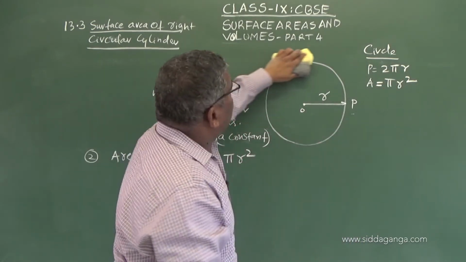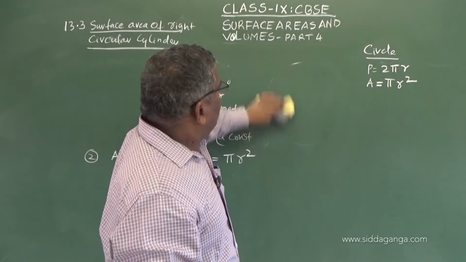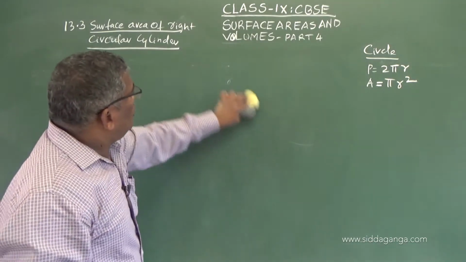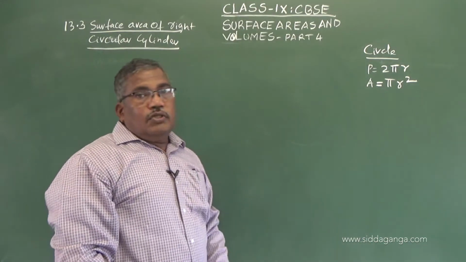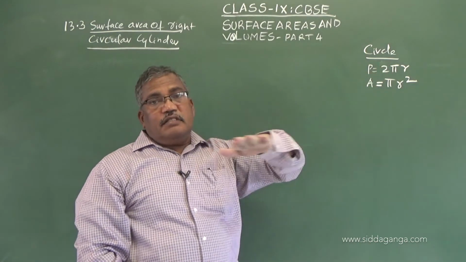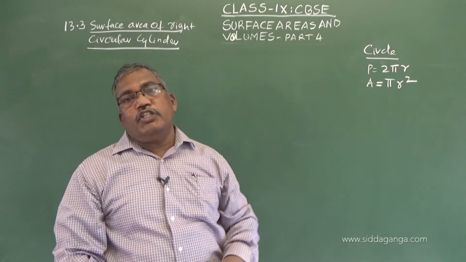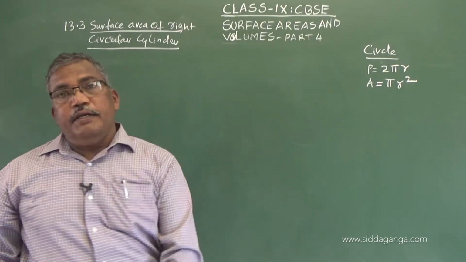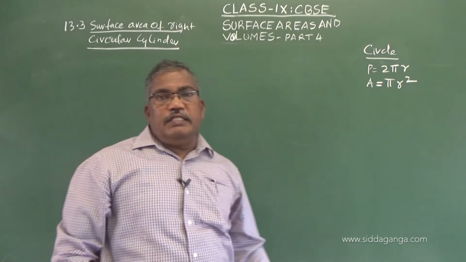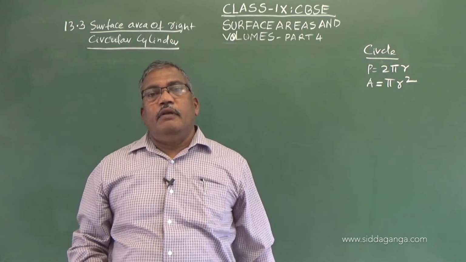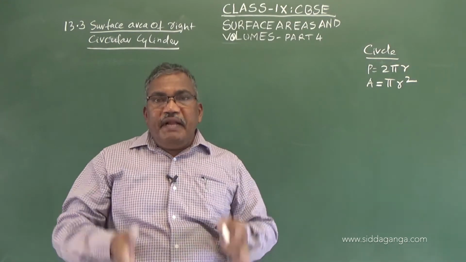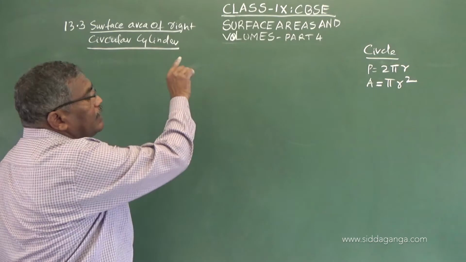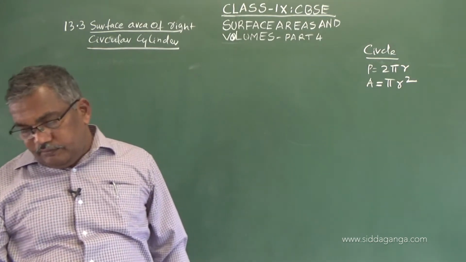Remember this. So this is regarding a plane surface area which is circular in shape. So just a circle. Suppose if you have a solid object just like a pipe, a pillar. So in such case, how to calculate the surface area?